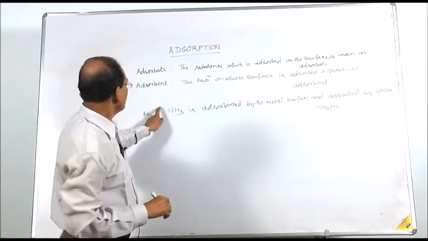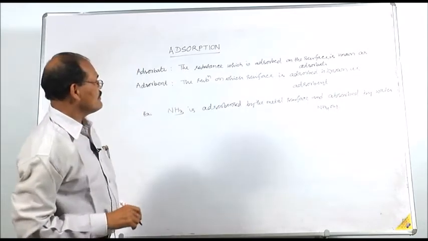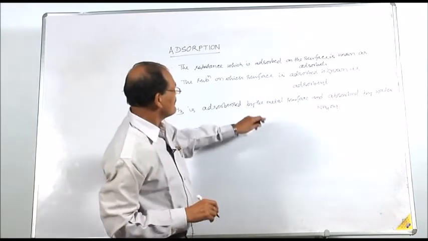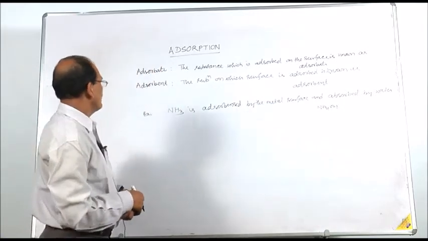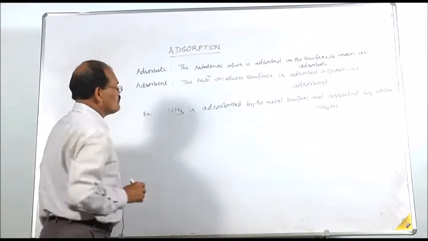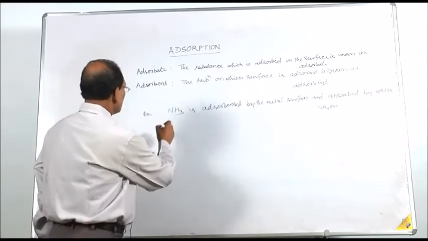So ammonia is the adsorbate and the metal on which it is adsorbed is the adsorbent. And also we will take the color of sugar.